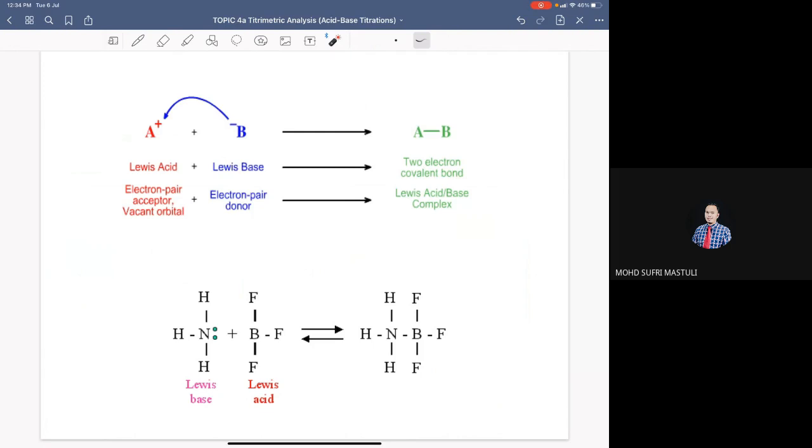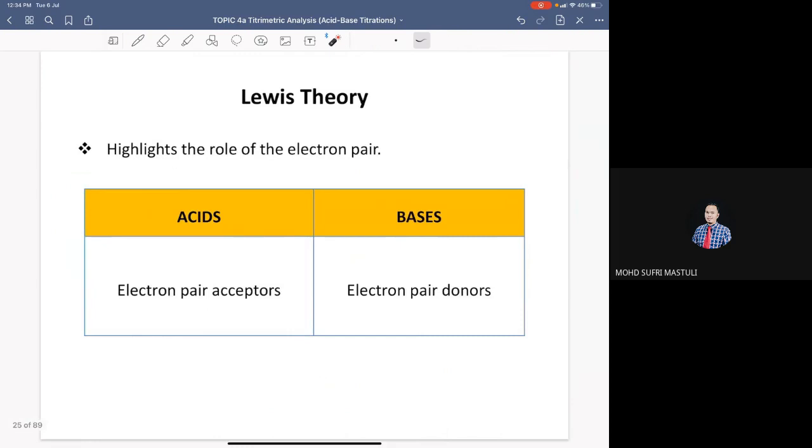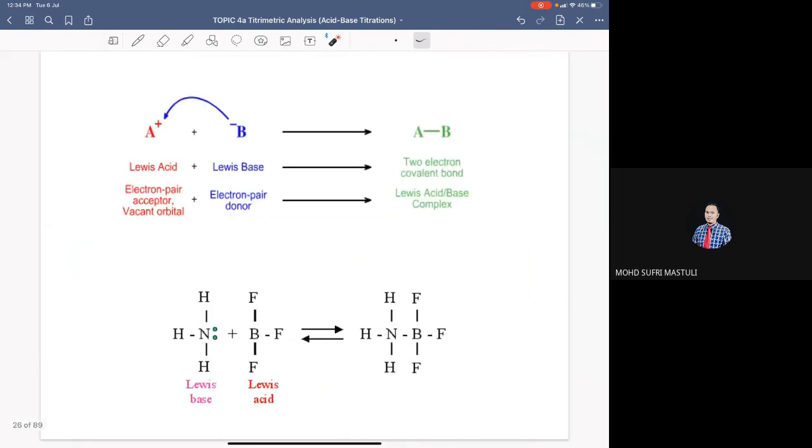Bronsted-Lowry said acid is a proton donor, so the Lewis acid should be an electron pair acceptor.